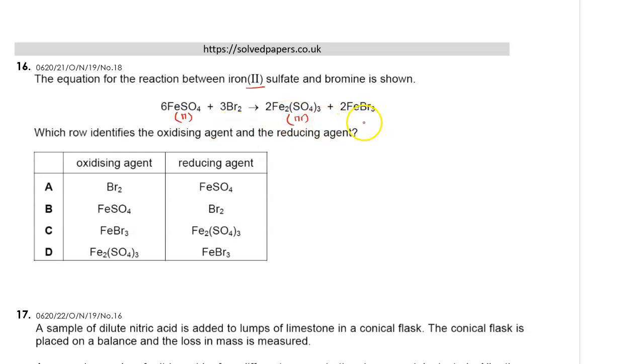And then we have bromine, iron bromide. Which row identifies the oxidizing agent and the reducing agent? Okay. Now, an oxidizing agent gains electrons, and a reducing agent gives out electrons. So you can have that in mind as you answer this question.